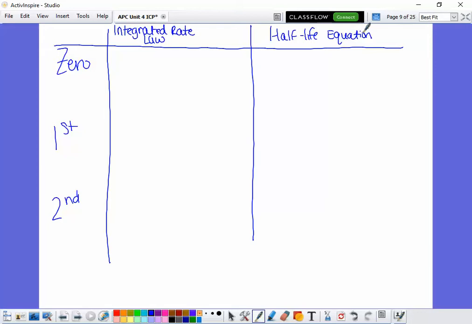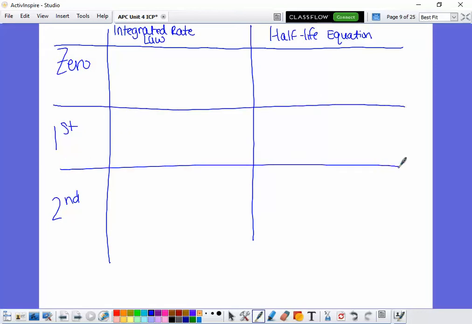All right, so zero order, the integrated rate law looks like this. For first order, the integrated rate law looks like this.